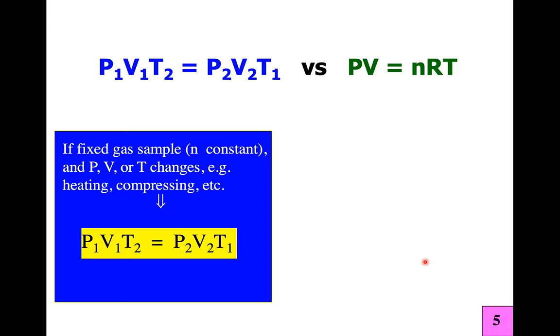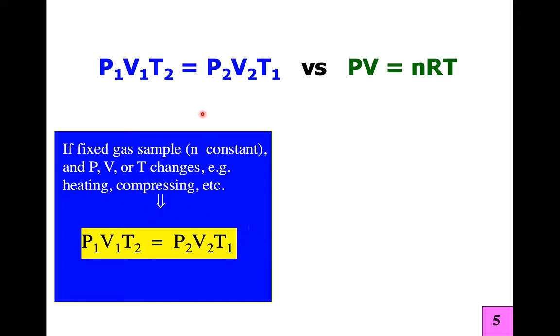All right, so I've said this as we went through. If we have a fixed gas sample, so a constant number of moles of the gas, but we're heating, compressing, changing the volume, if we're changing any of those, only this equation can deal with that because it has two pressures, two volumes, and two temperatures.